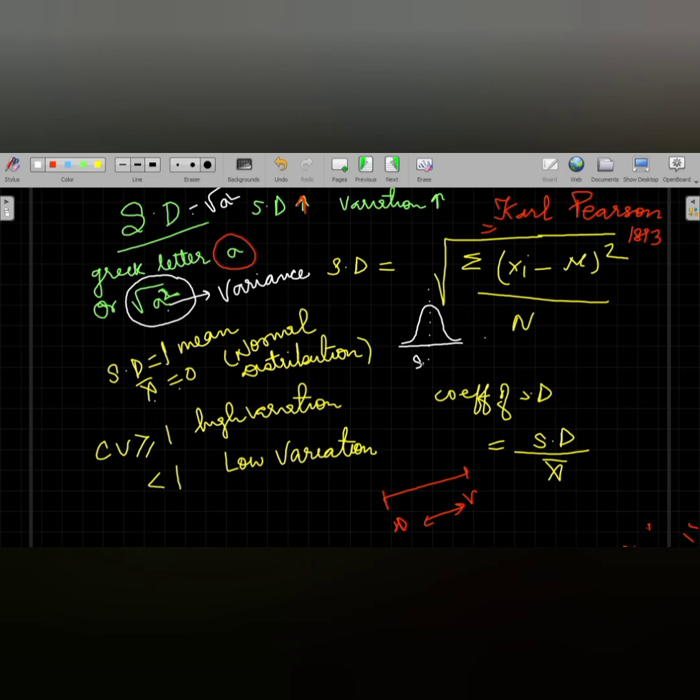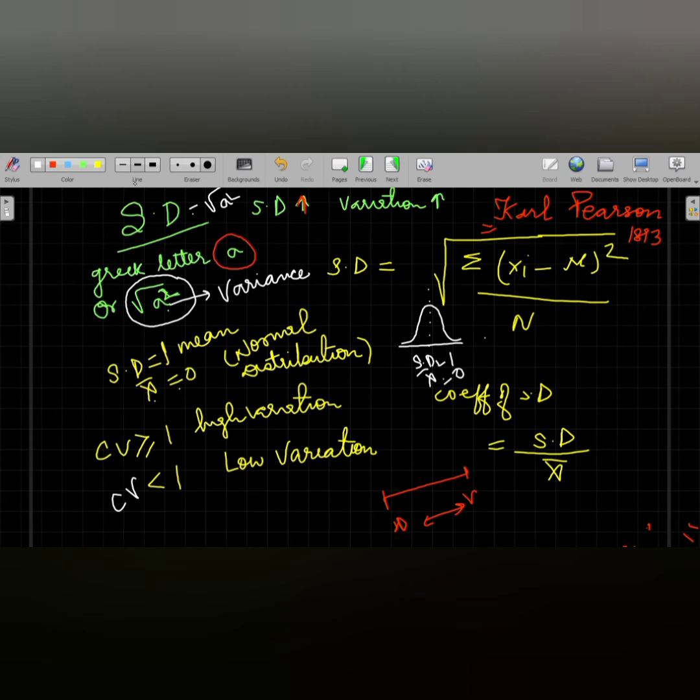Now if the coefficient of variation is greater than or equal to 1, then it shows a higher variance. But if it is less than 1, it shows a low variation. Clear?